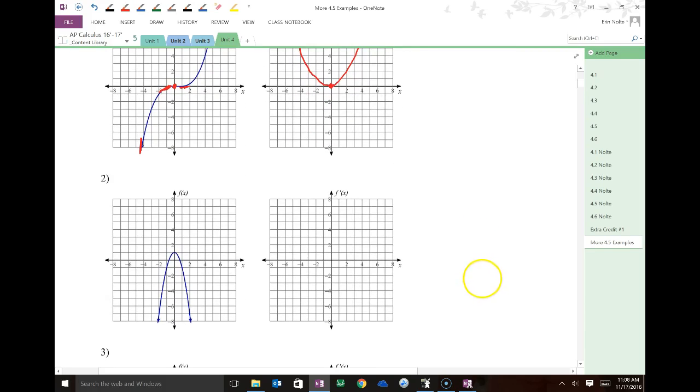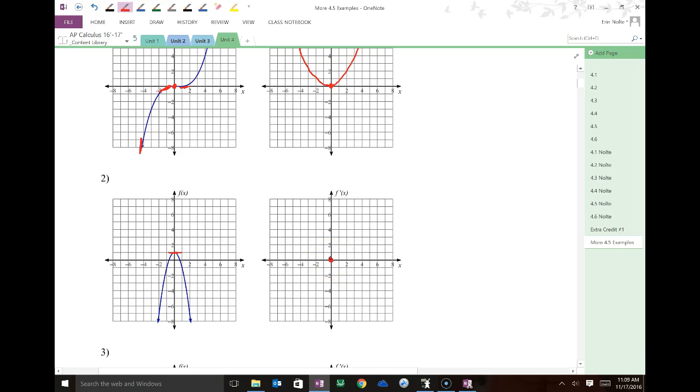Let's try another one. For example 2, we've got this parabola. The first thing I want to figure out is when is the slope 0? I'm looking for a max or min, and in this case, the x value at 0 again is a maximum.